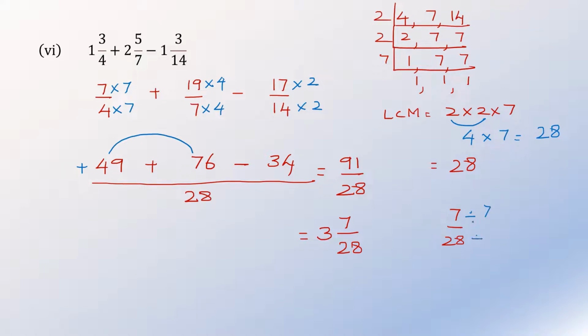What do I get? 7 ones are 7 and 7 fours are 28. I get 1 by 4. So for my final answer, my whole number will remain as 3. My fraction 7 by 28 has now become 1 by 4. So the final answer is 3 1 by 4.